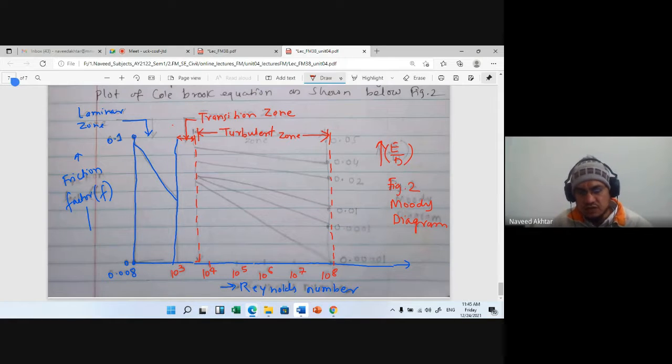And also here the values 0.00001, 0.0001, 0.01, 0.02, 0.04, 0.05. This is the Moody's diagram.